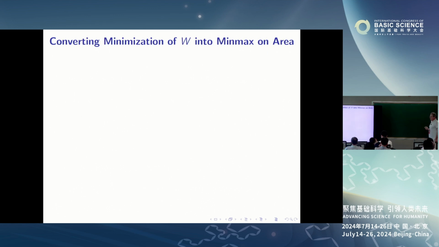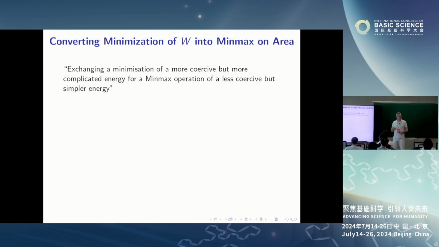Okay, so now what was the idea of Marques and Neves? In fact, there were partial results by Peter Li and Shing-Tung Yau also, in some cases for some conformal class, where you can prove the Willmore conjecture by direct minimization using the notion of conformal volume. But what Marques and Neves conceived is that instead of doing a minimization, you are going to work with a less coercive energy.